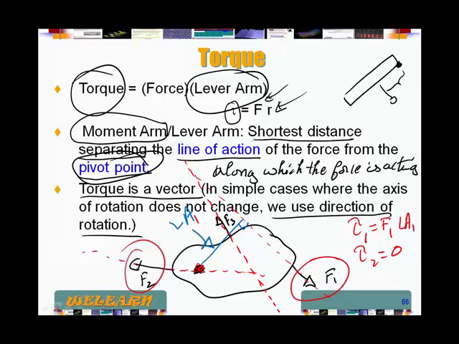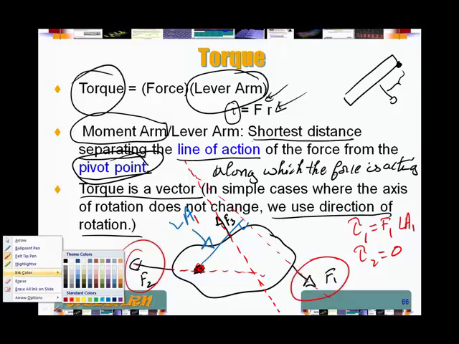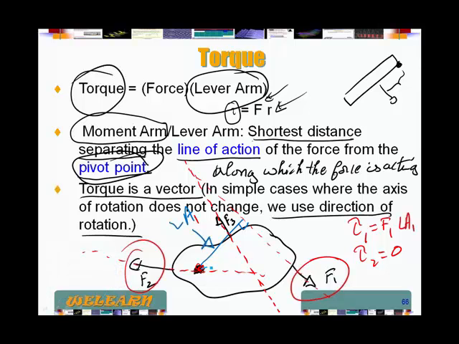So my lever arm, which we draw in blue, is going to be this much. That's lever arm 3. So my torque 3 is going to be F3 times lever arm 3.